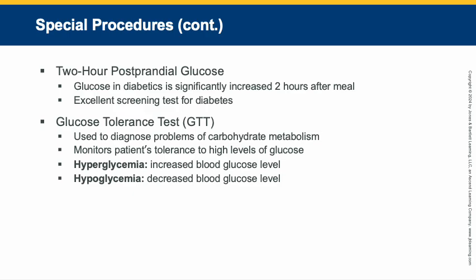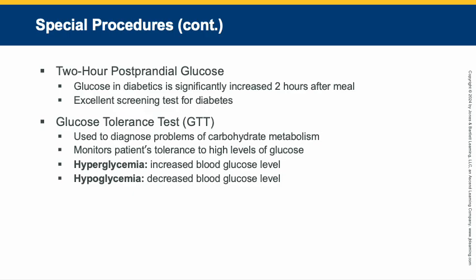Okay, they may also order a glucose tolerance test. Sometimes you will see this written out as OGTT, not just GT, which means oral glucose tolerance test. In this case, this is just another way to monitor or diagnose somebody that has diabetes.